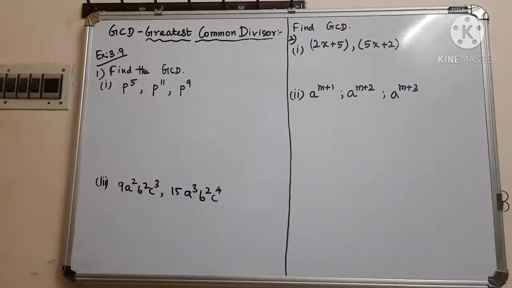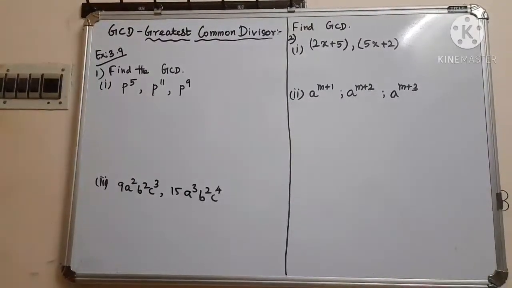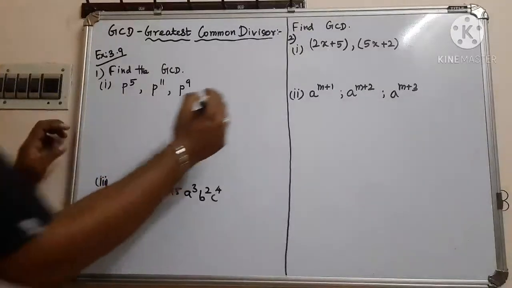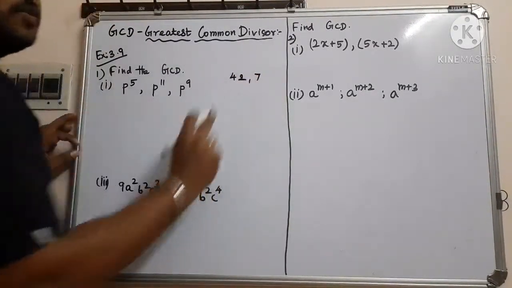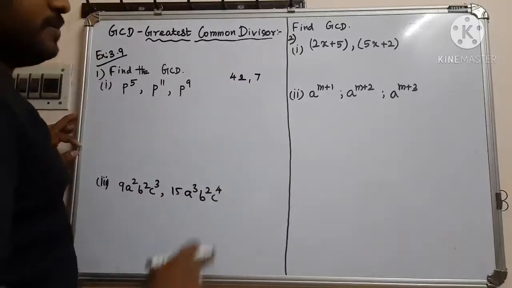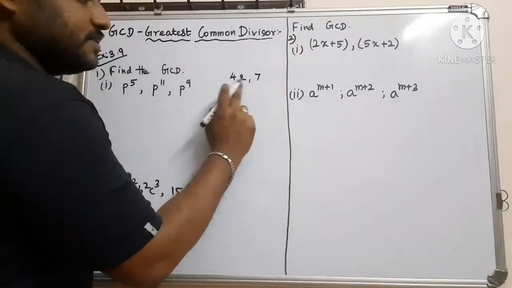For example, take these two numbers, 42 and 7. You have to find the greatest common divisor. You have to check which number divides both numbers.